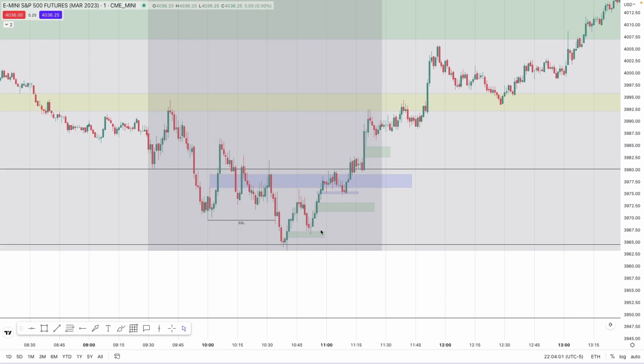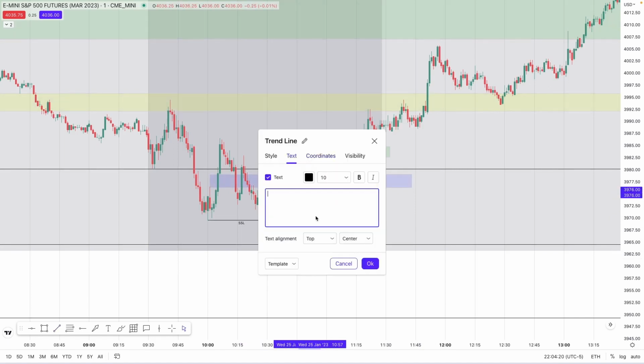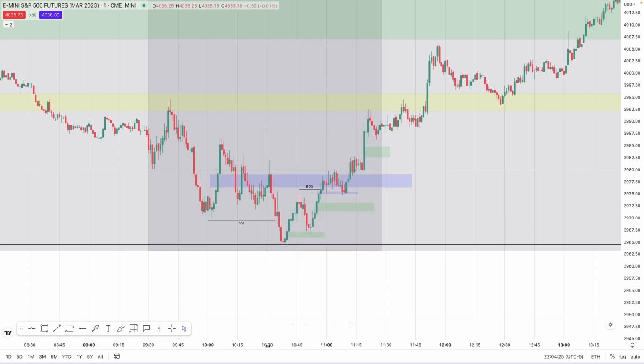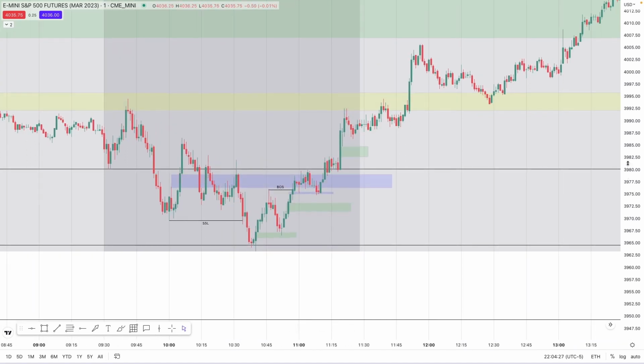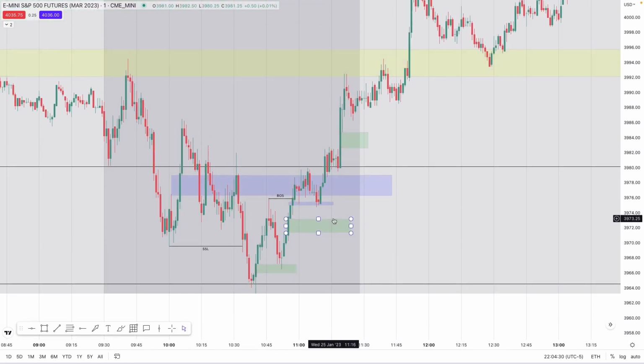Okay, so then price energetically moves out of that fair value gap, and then what do we have here? We're going to label this your break in structure. And then right at your break in structure, you have this fair value gap.